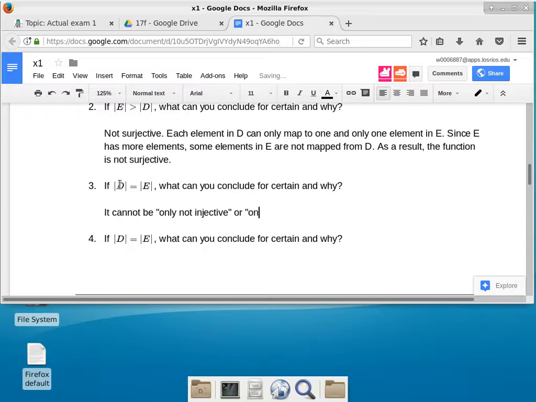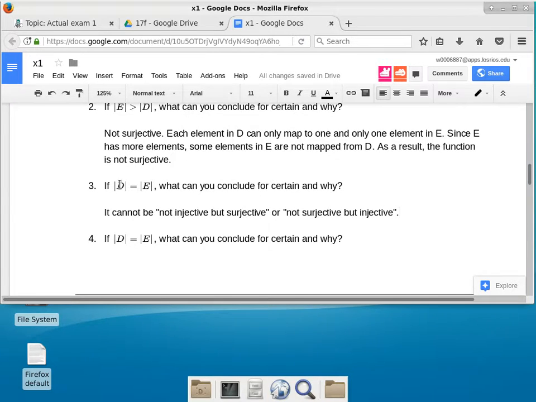To spell out exactly what I mean, I would say it cannot be not injective but surjective, or not surjective but injective. This I know for certain.